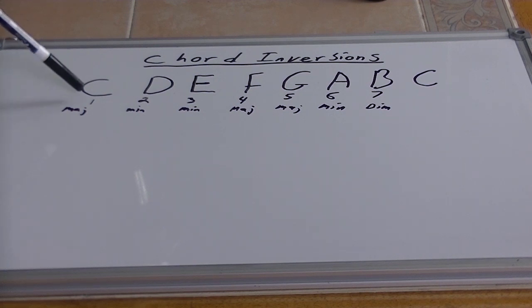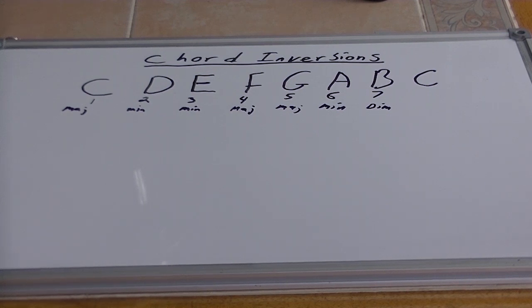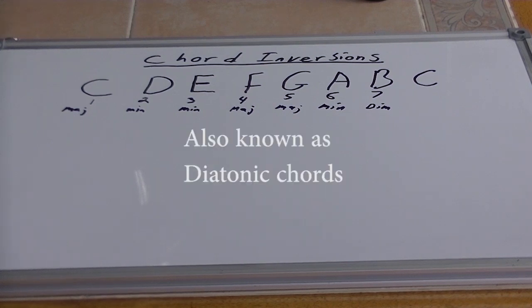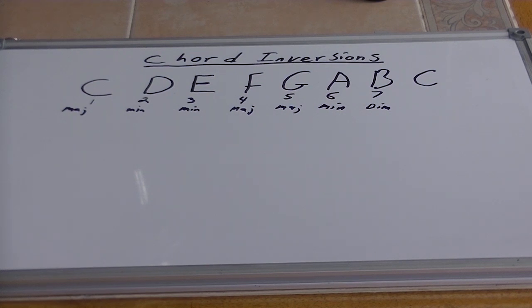I have the number 1 here to represent the C note as the first note in the scale. And I also have written underneath the numbers whether the scale tone chords associated with this scale are major or minor. And what we have here essentially represents the key of C major.